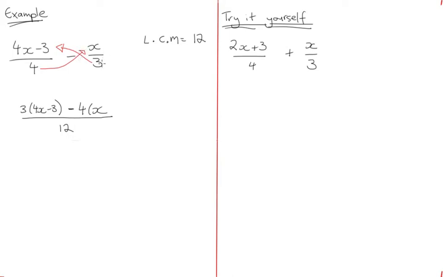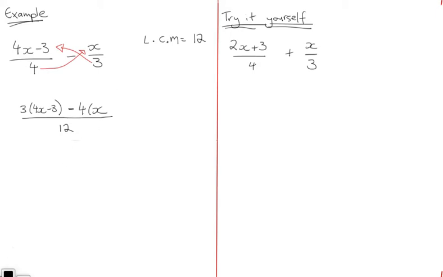But you also need to realize that this 3 was multiplied by a 4 to become a 12. And that's why we're multiplying the top by 4 as well, because we multiply the top and the bottom. Now the minus here I got from here, okay, because the 4x minus 3 is being minused from this x, okay.